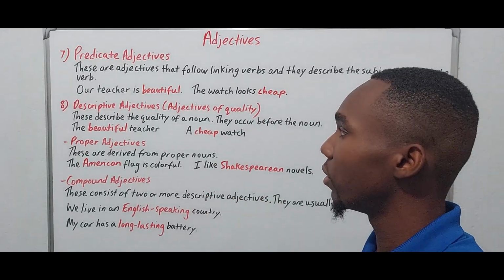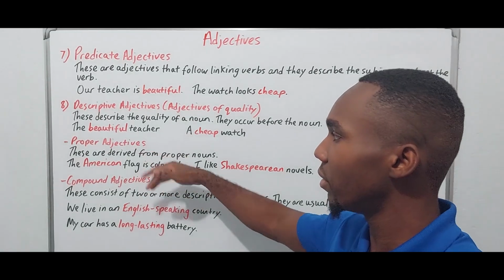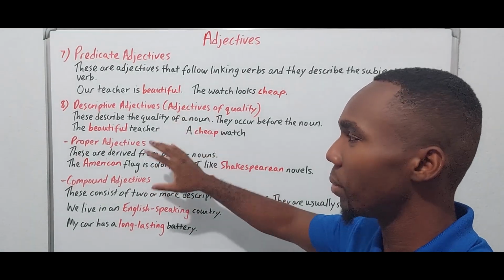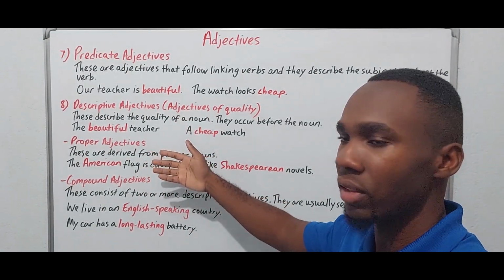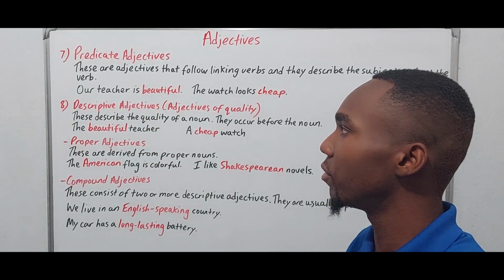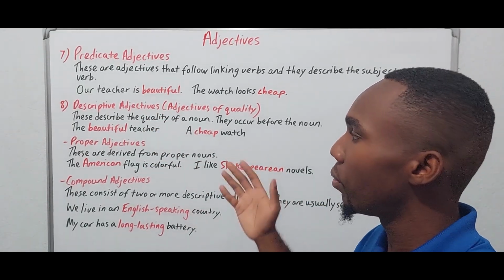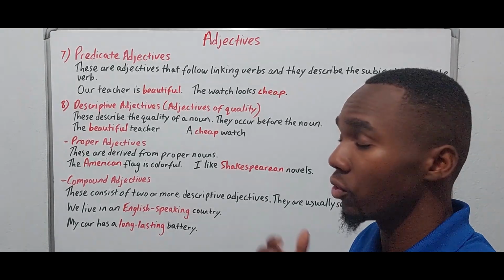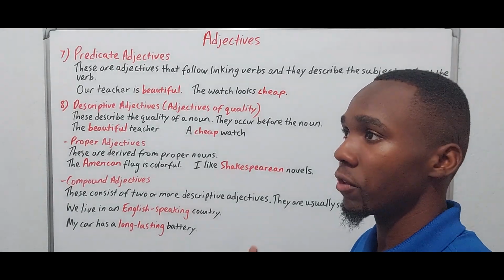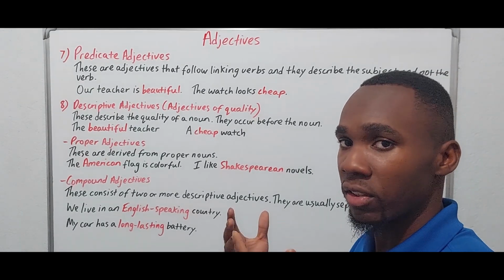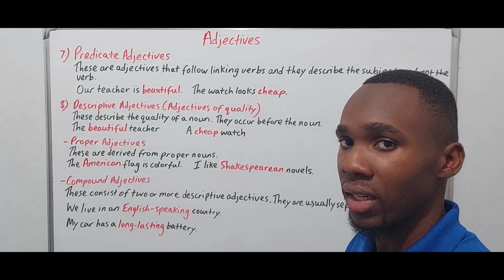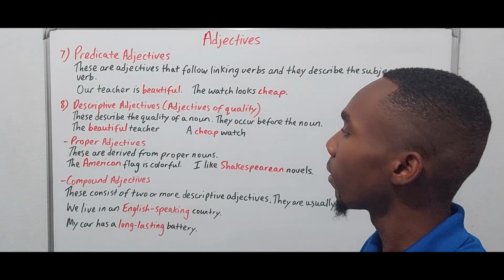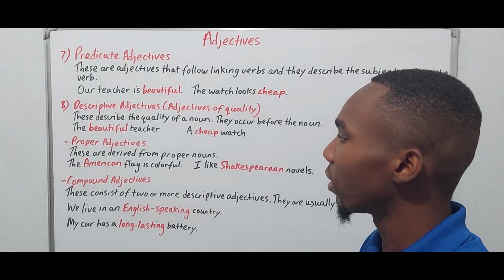Proper adjectives. Now these two adjectives are basically subcategories of descriptive adjectives. So proper adjectives, these are derived from proper nouns. And as you know, a proper noun refers to the name of a specific person, place, etc., right? The American flag is colorful.